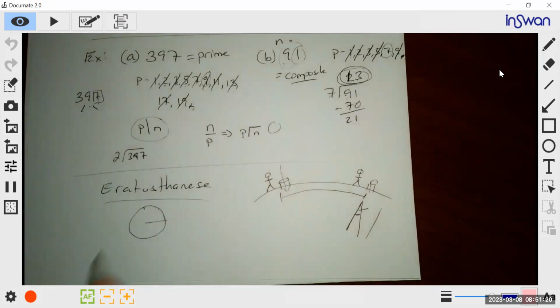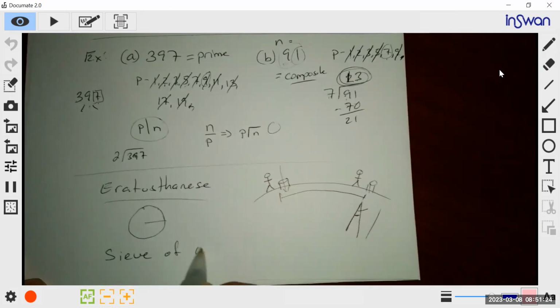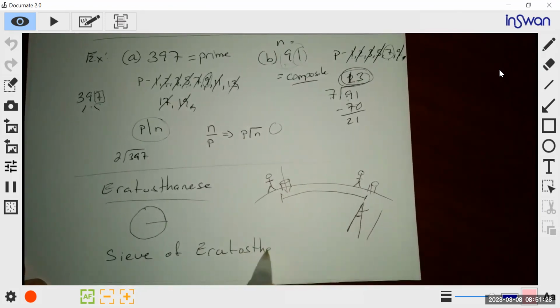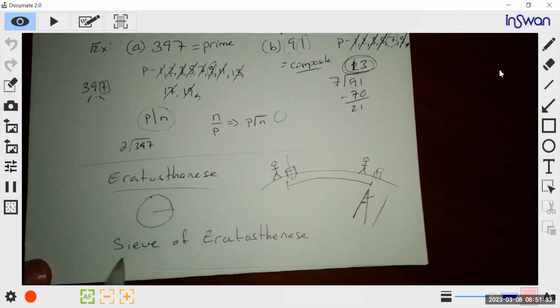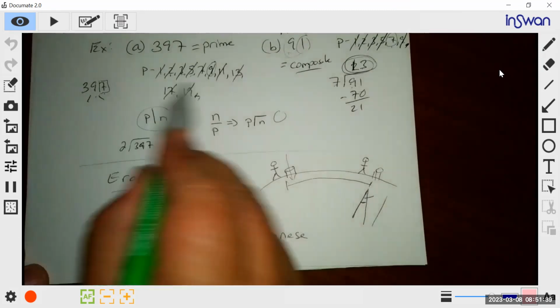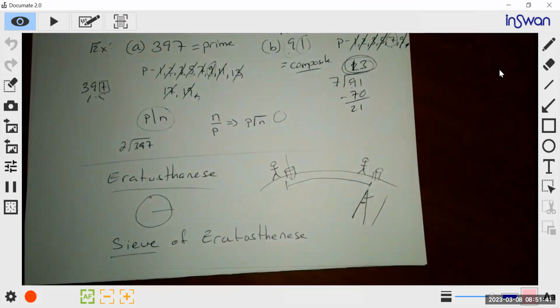He developed something called the sieve of Eratosthenes. A sieve is like a silo. If you throw in all your numbers, and whichever ones don't work, throw them away.